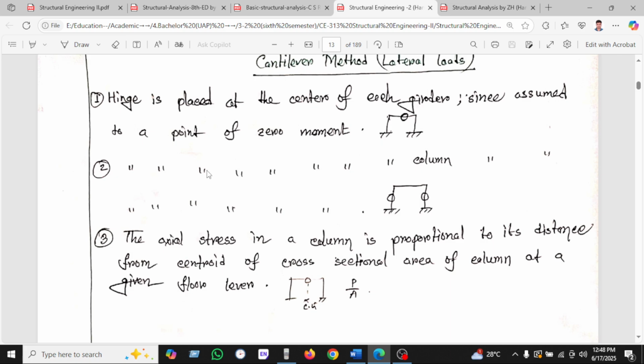Number two is the hinge placed at the center of each column. This is each column we see here. The axial stress in a column is proportional to its distance from the centroid of the cross-sectional area of the columns. You can see that two columns are given. This is the CG, or center of gravity, of the frame portion.